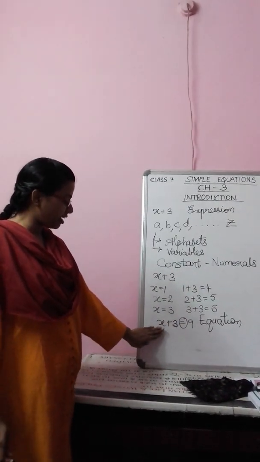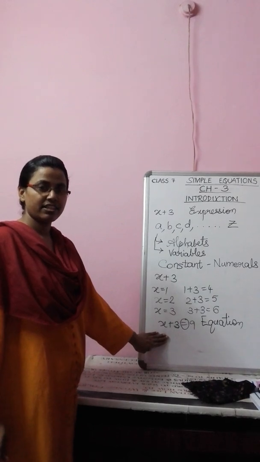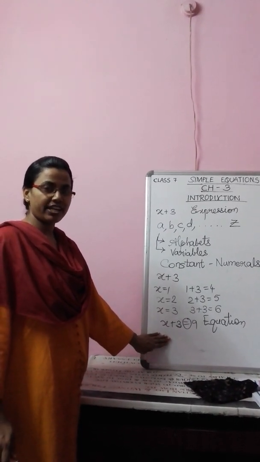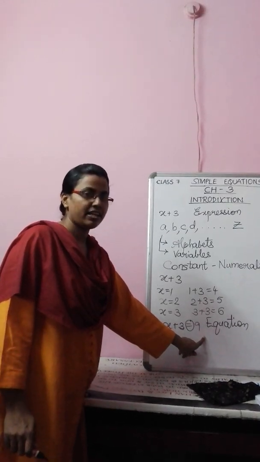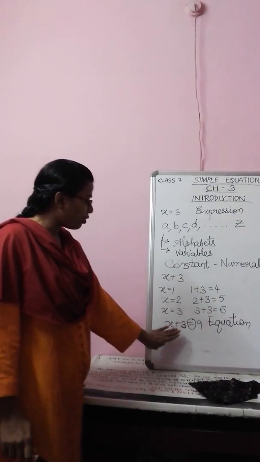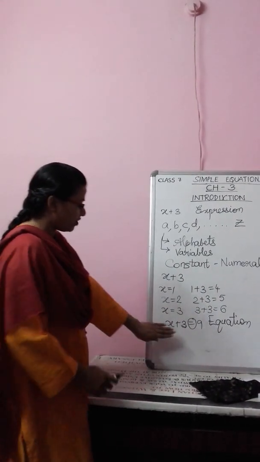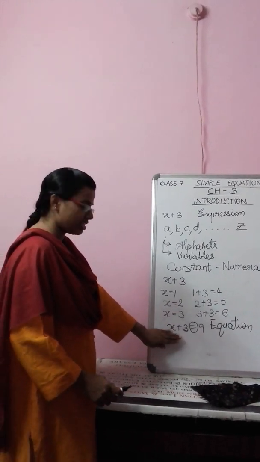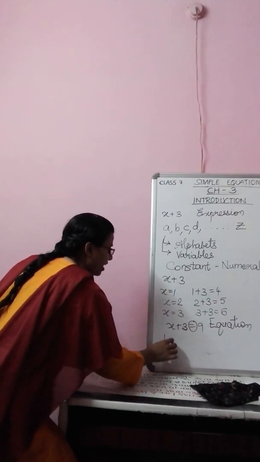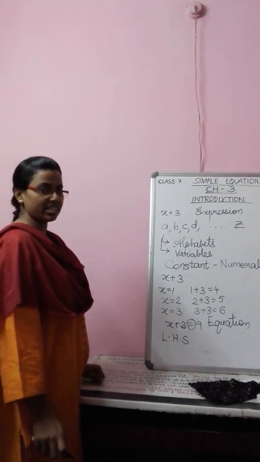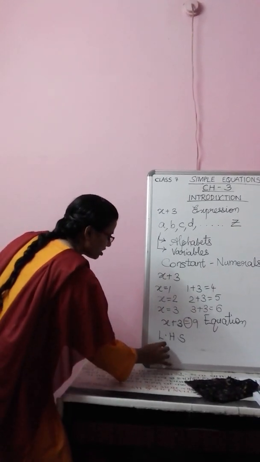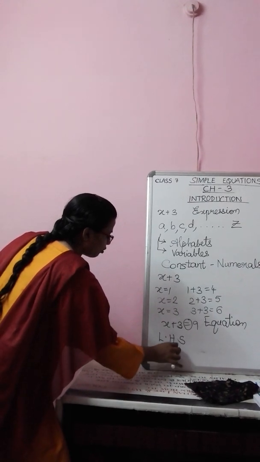Now, equal to is in the middle. What is there this side? Which side is this? Left side. Very good. Which side is this 9? Right side. We call it, which hand side it is there? This is there in the left hand side. In the short form, we write it as L.H.S. Let me write the full form also.